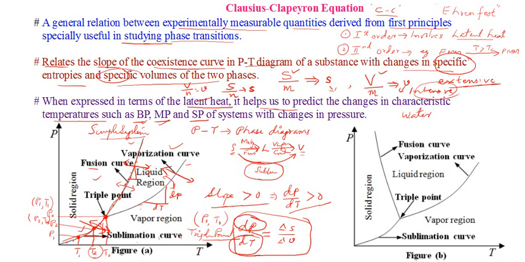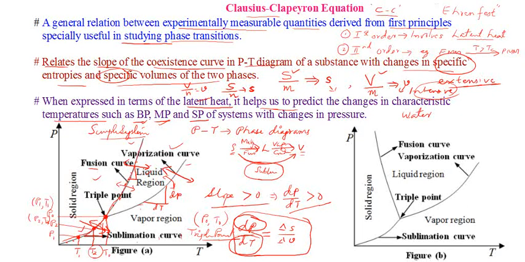How much the variation happens can be found out by using the Clausius Clapeyron equation. Such phenomena are very common when you study phase transitions and their thermodynamics. Hence, that is the relevance of the Clausius Clapeyron equation.